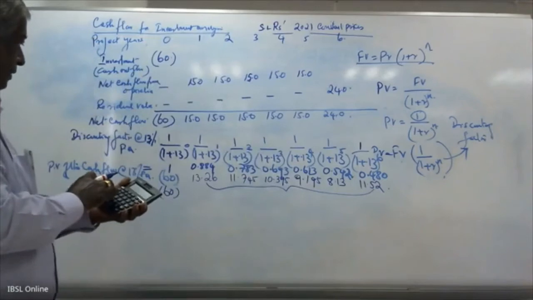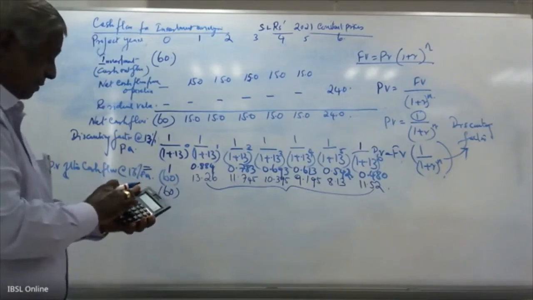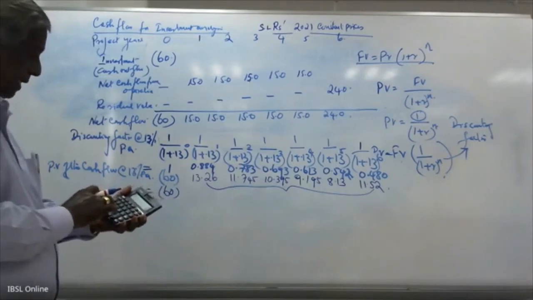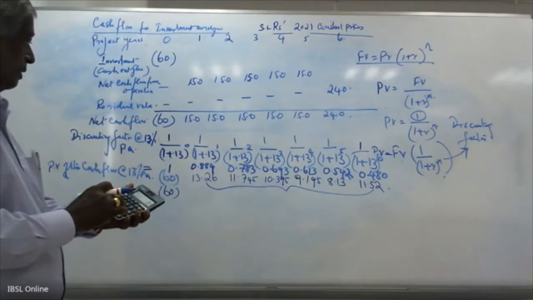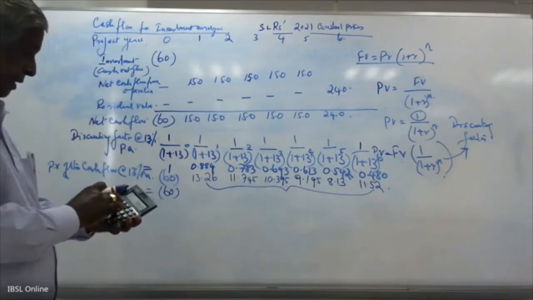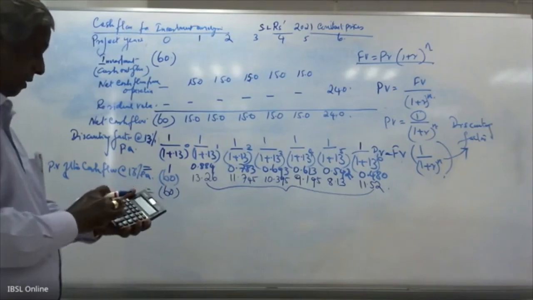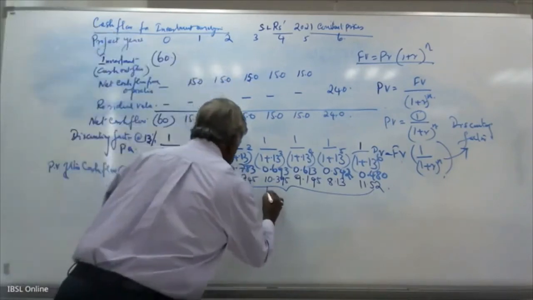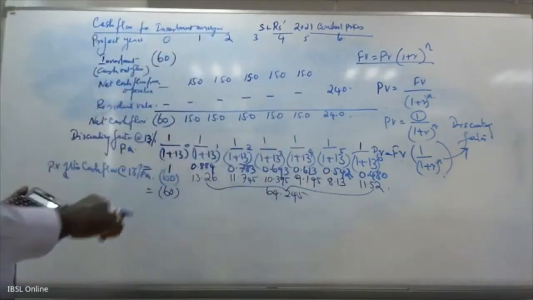Add up and see: 13.26 plus 11.745 plus 10.395 plus 9.195 plus 8.13 plus 11.52 equals 64.245.